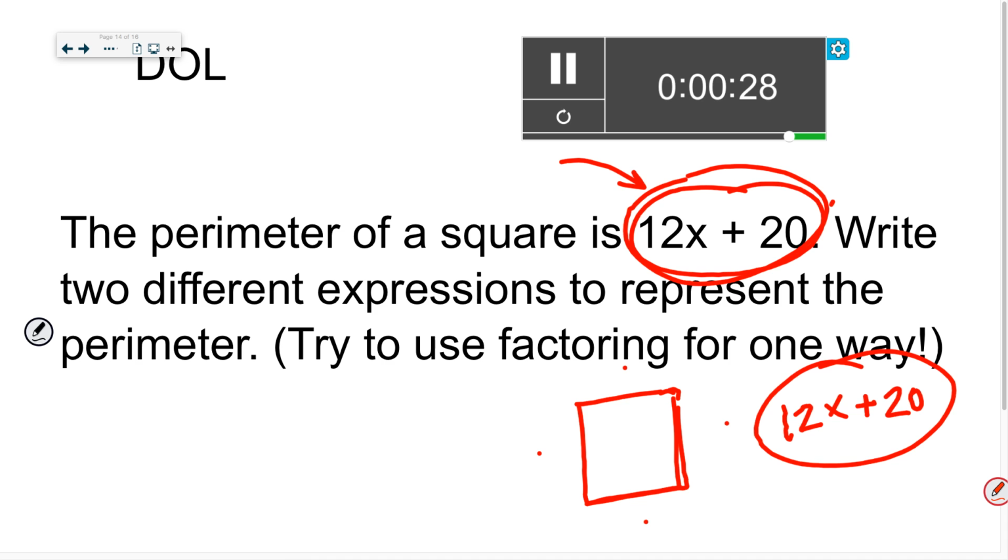Think about the square. If your total is 12x and negative 20, how many x's are going to be on each side? How many are on each side?